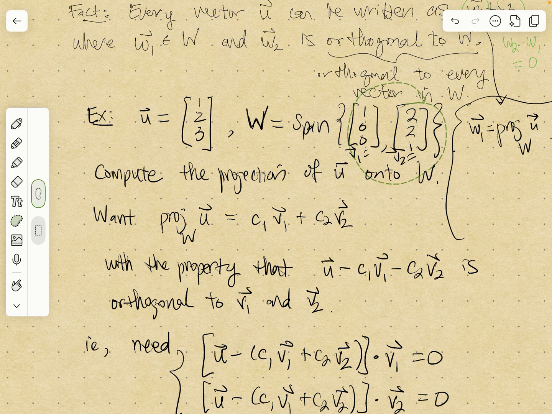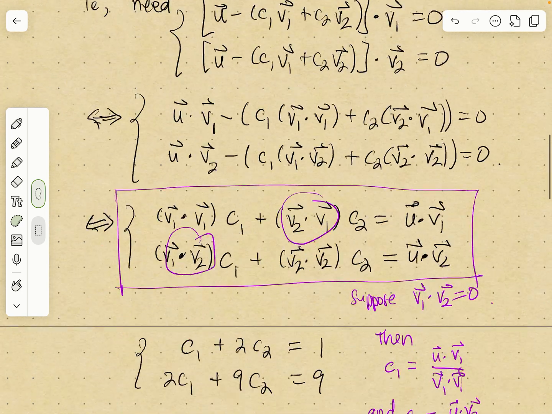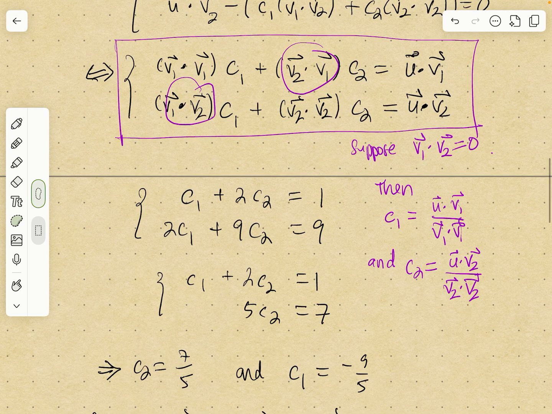Right? So the question now becomes, how do we replace the v1 and v2 that we have to get something that's orthogonal but somehow still spans w? And if we do that, then we can come up with a different method. I mean, we just do the same thing, except the constants would be a lot easier to work with.